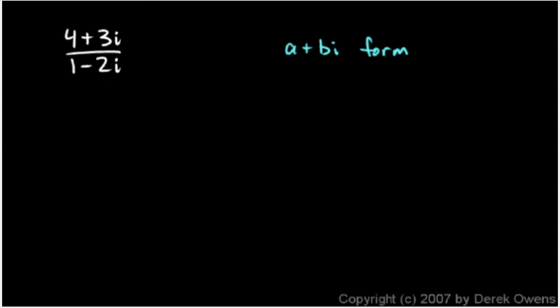So here's how I do this. I'm going to multiply the top and the bottom by the complex conjugate of the denominator. Just look at the denominator, 1 minus 2i. I'm going to multiply the top by 1 plus 2i and the bottom by 1 plus 2i.